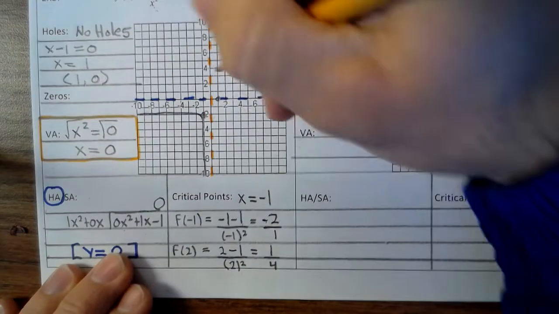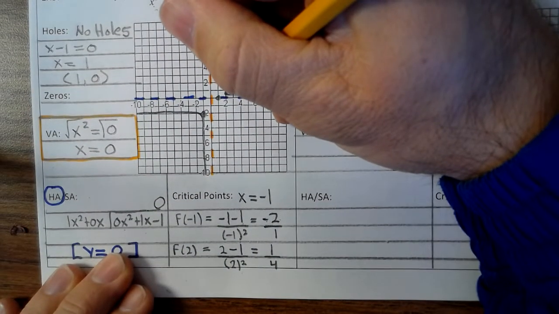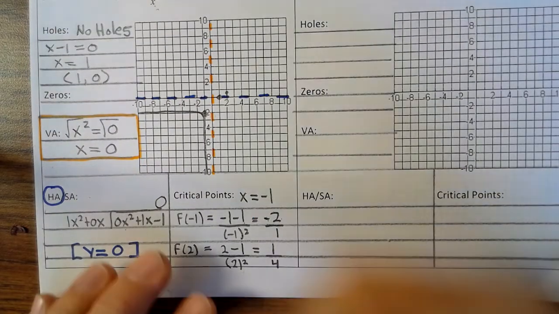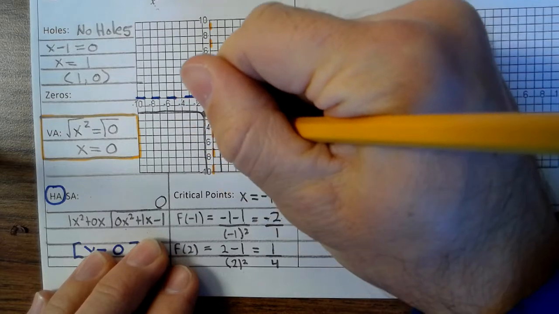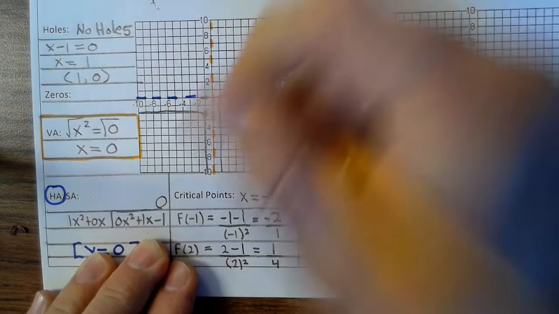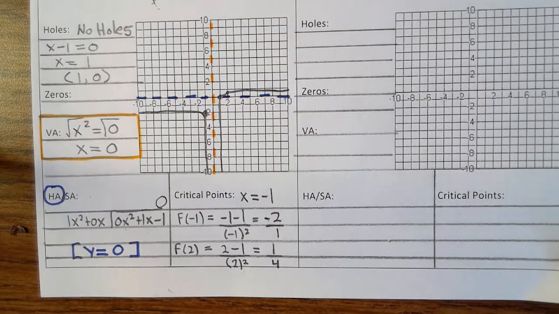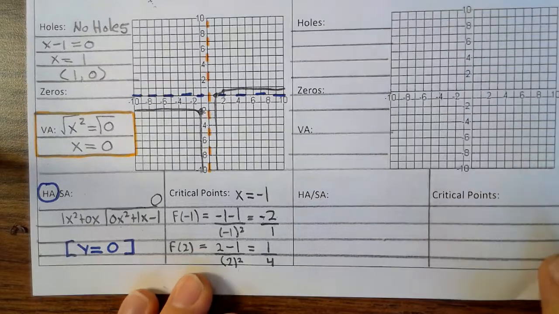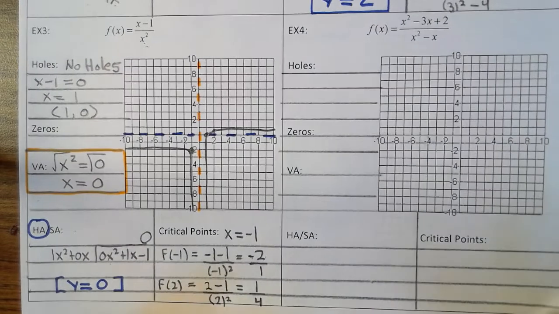So at 2, our point is 1/4, which is right there. Now, that's critical because it tells us our curve is actually going to go above the asymptote like that. That's very special, and that rarely happens where the curve can actually cross the asymptote, but in this case it does. Okay. All right, so if you would, go ahead and finish up example 3.